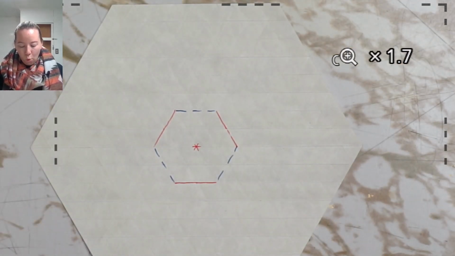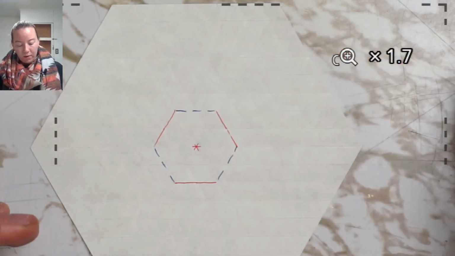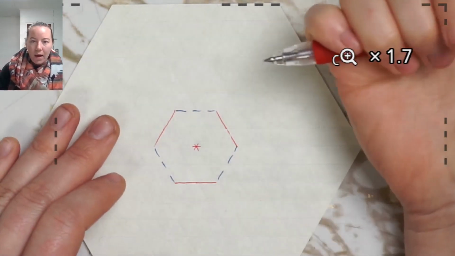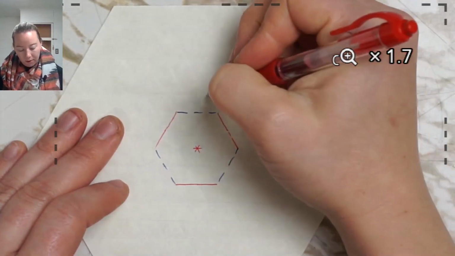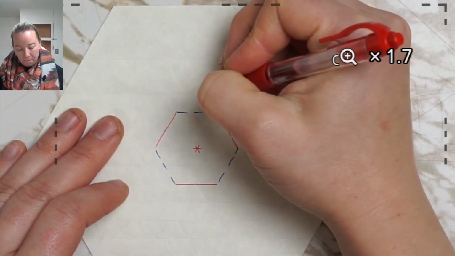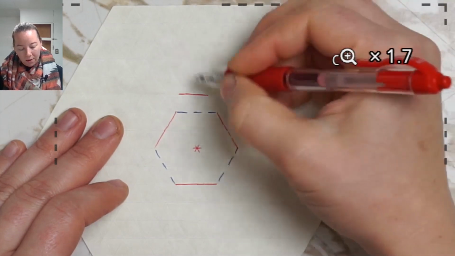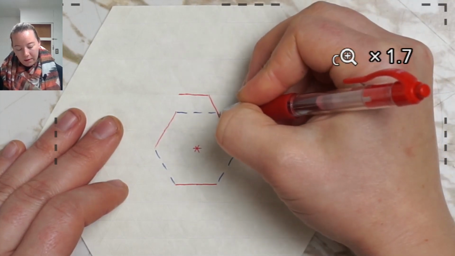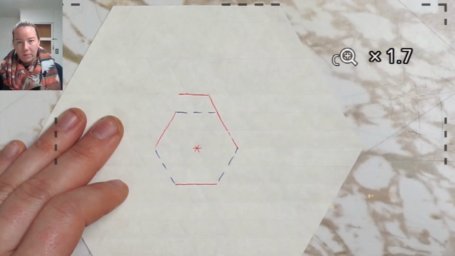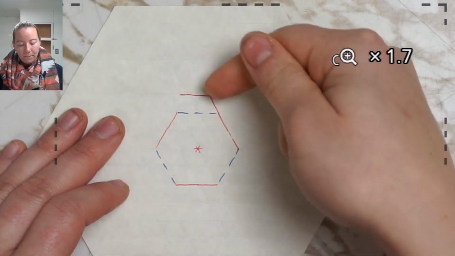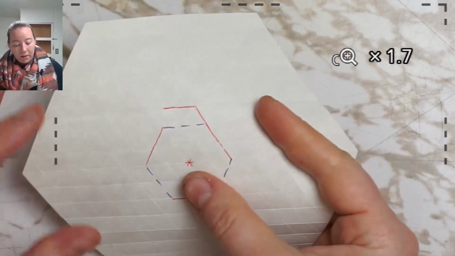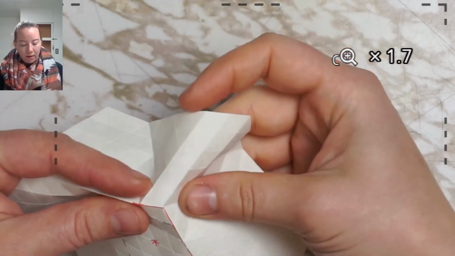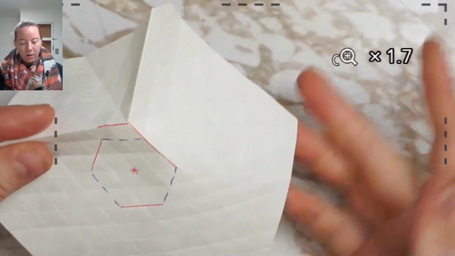So when I'm looking at this, I know that any valley needs to have a parallel mountain beyond it. And I'm going to go ahead and extend one of these mountains to meet that parallel mountain of the valley and get a right-handed triangle twist.